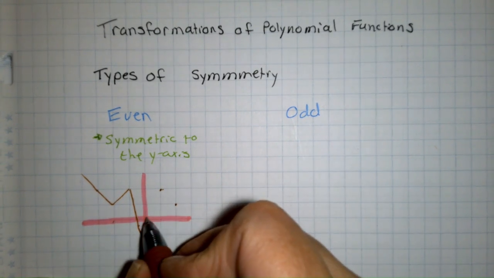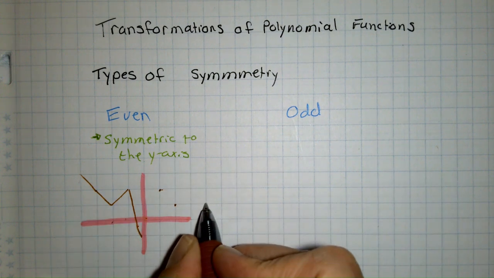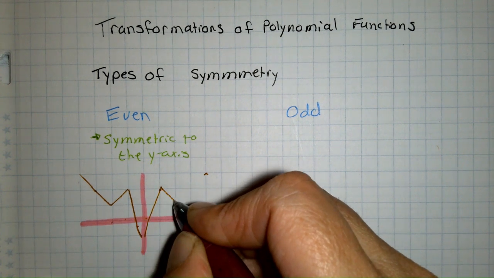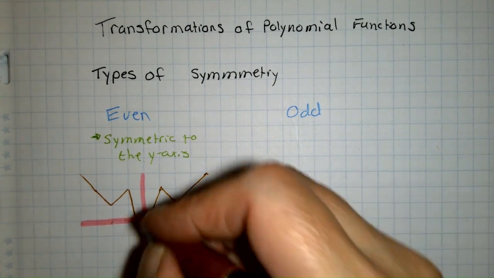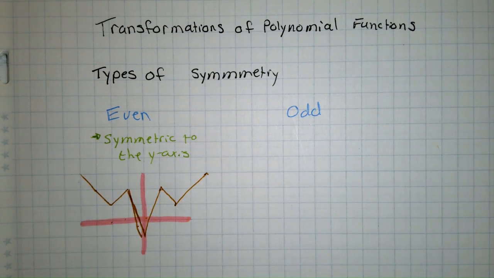Let's see, I went 1, 2, 3, 4, 1, 2, 3. So 1, 2, 3, 4, 1, 2, 3. That looks a little rough, but you get the point. It's very much so folding on the y-axis. So even symmetry, fold on the y-axis.